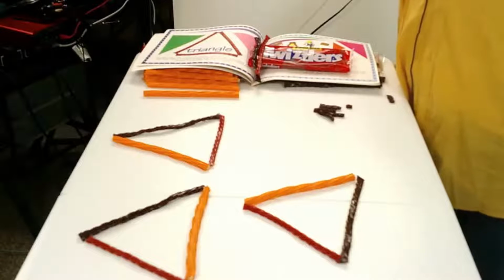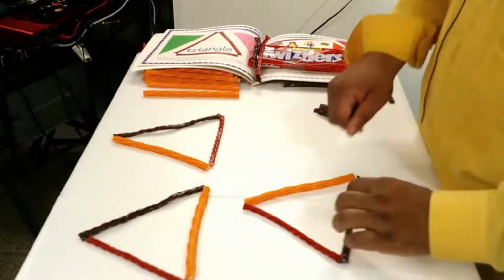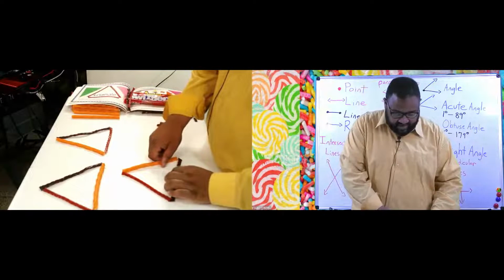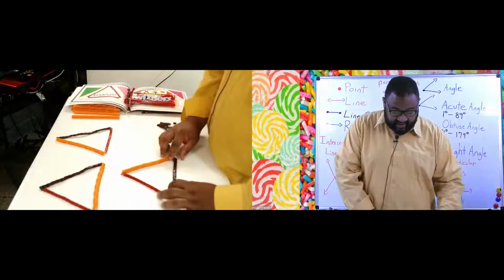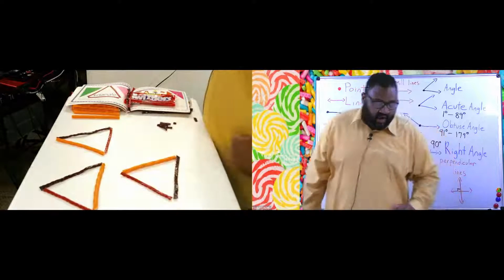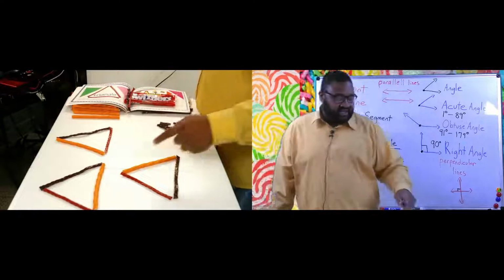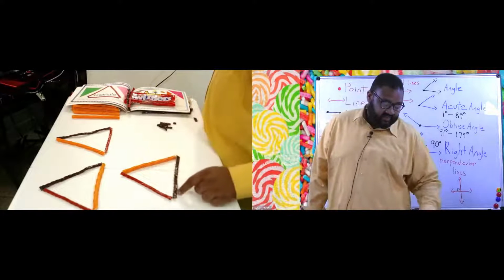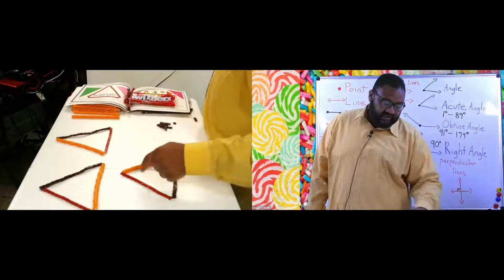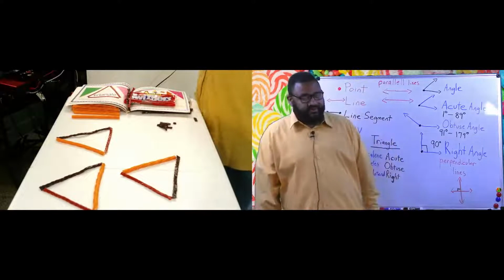We can do the same with our different angles. Okay? So we're going to go here first. Technically, if you look, all of these are acute triangles. Why? Because each of these triangles has only acute angles in them. All angles are acute. Okay?